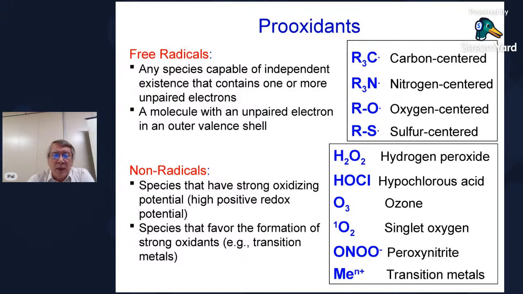Furthermore, there are some exogenous non-radical type oxidants, among them singlet oxygen and ozone should be mentioned.